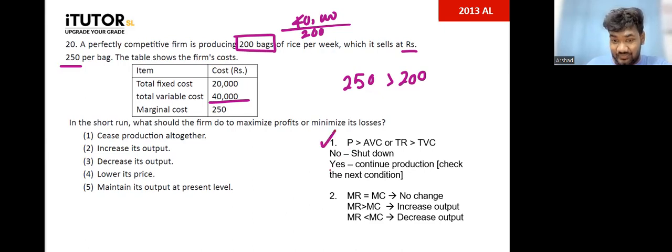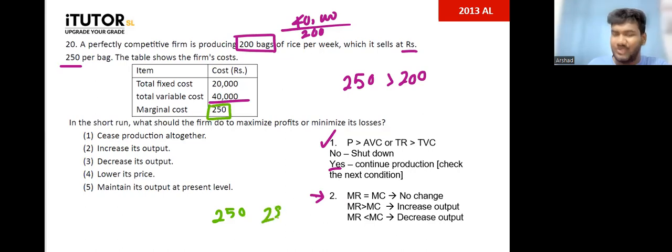So yes. Therefore, what should we do? We should now check the second condition. The second condition is to compare MR and MC. How much is their marginal revenue? Marginal revenue is the price, right? So MR is 250. What is their marginal cost? Marginal cost they are giving in the question is also 250.